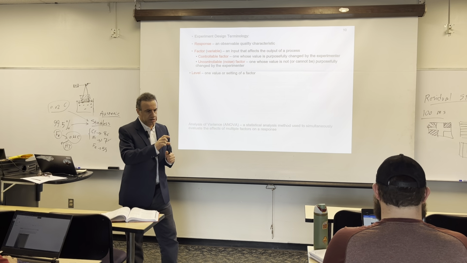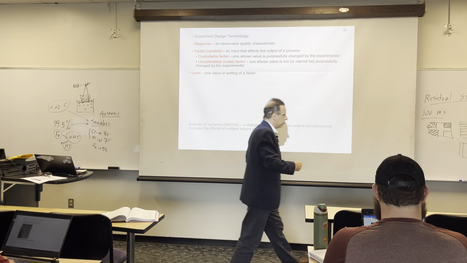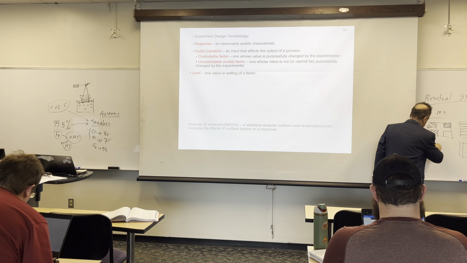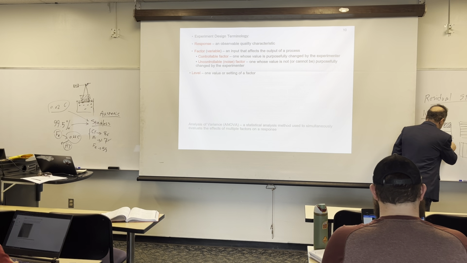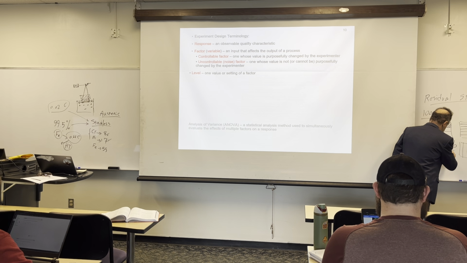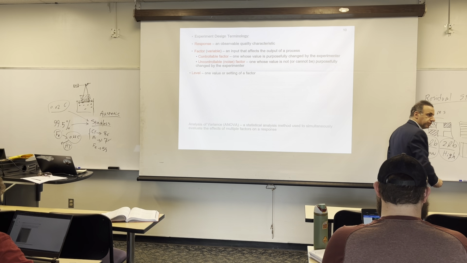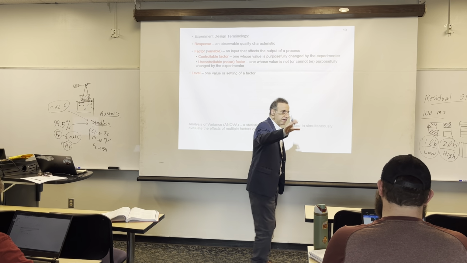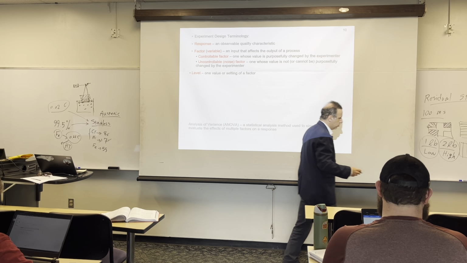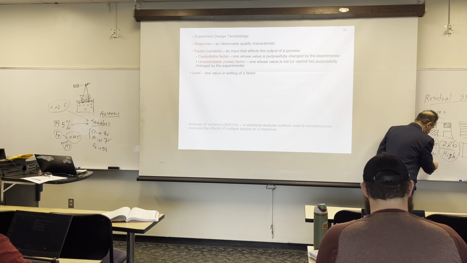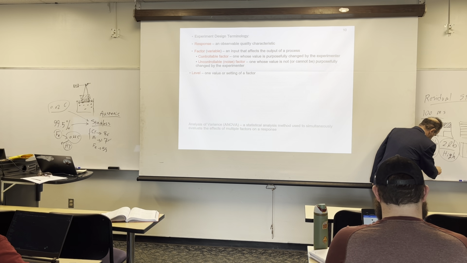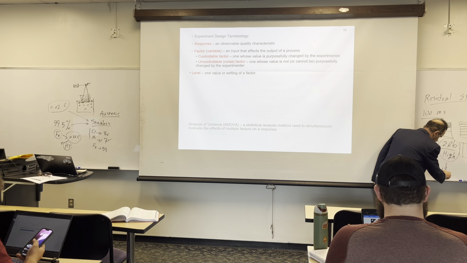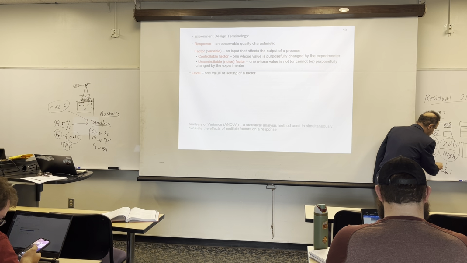For this flower, let's say 1 pound is going to be considered low, and then you use 2 pounds for another experiment, that is going to be high. So this is called level. You pick fertilizer and you use a low amount or a high amount. This one is one level, this is another level, right? Level 1, level 2.